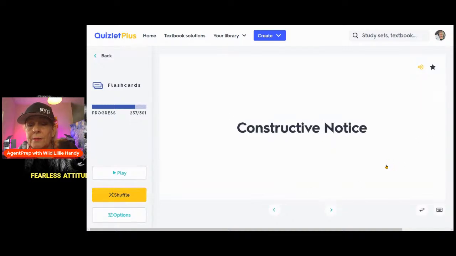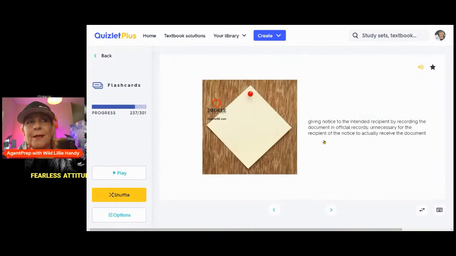Constructive notice. Giving notice to the intended recipient by recording the document in official records, unnecessary for the recipient of the notice to actually receive the document. So there's actual notice or constructive notice.